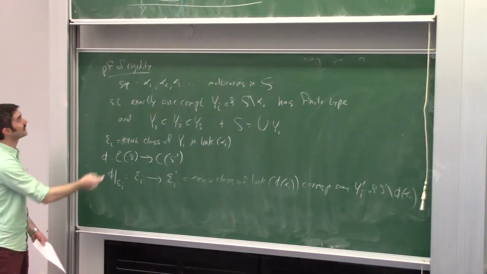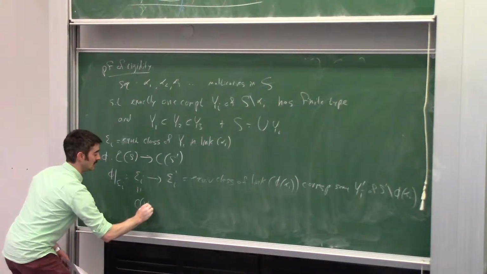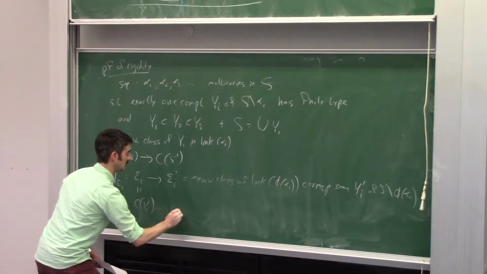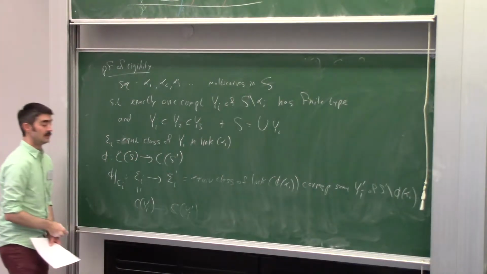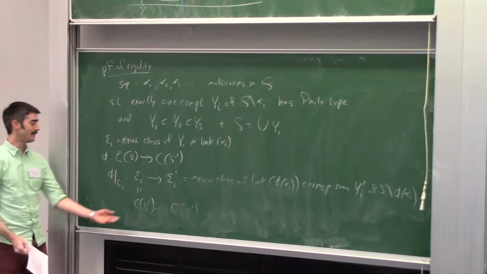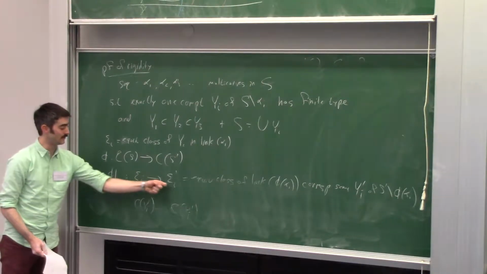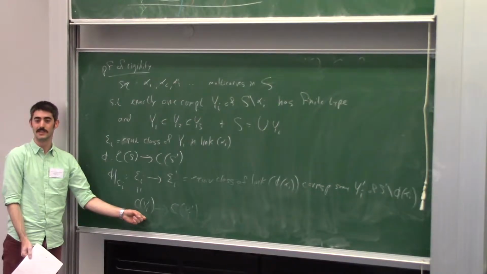Okay? So now, but the theorem also said that this equivalence class is the curve complex with the induced simplicial structure. So I get a map like this. Okay? And now what I have is, so this was an automorphism, it restricts to an automorphism here, so this is an automorphism of these curve complexes of finite type surfaces.